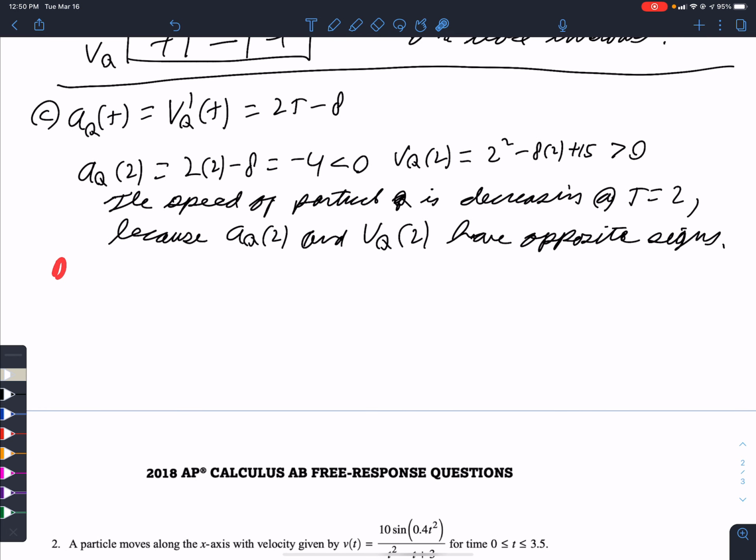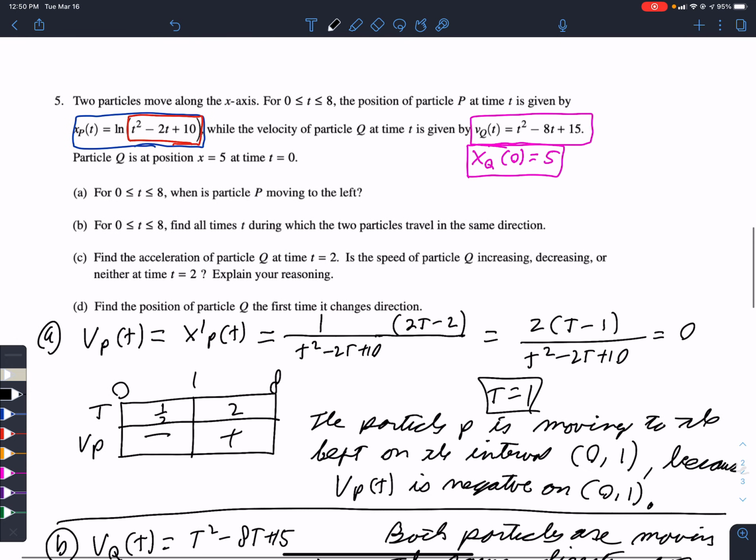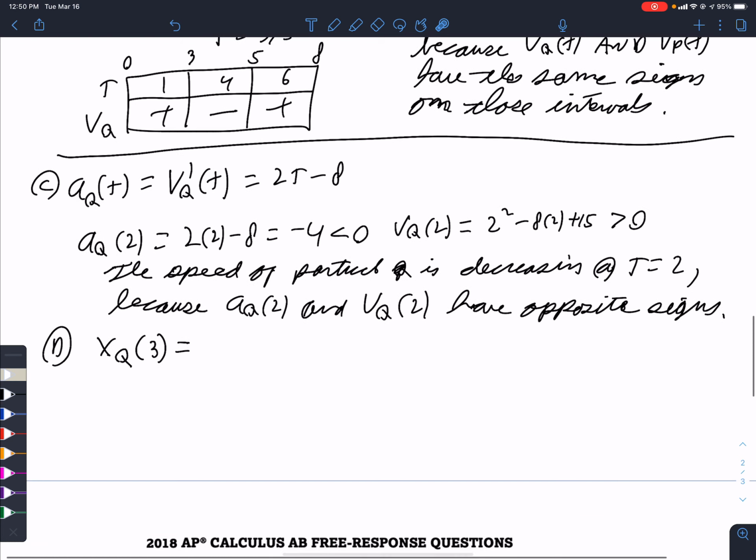So part D, we want the position of particle Q at 3. Okay, so do we know the position of particle Q at a specific time? Yes, we do. If we look up here, we have at time 0, the position's 5. We have x Q sub 0.